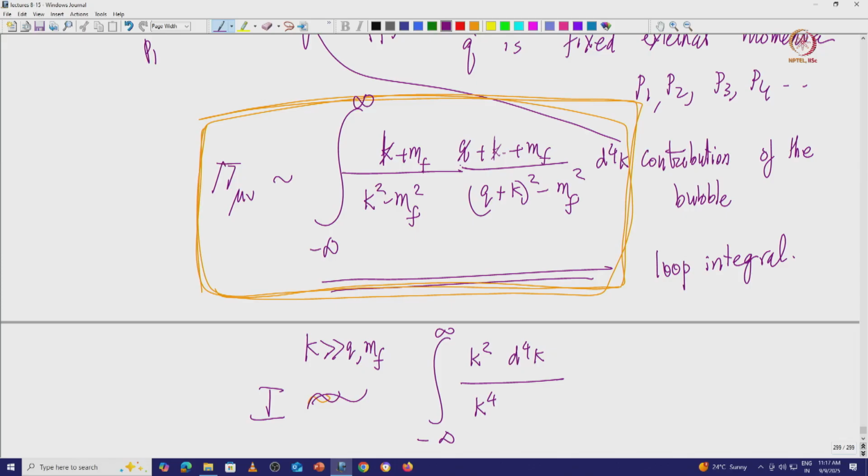Now d power 4 k you can write in terms of higher dimensional spherical polar coordinates. So d power 4 k will be k power 4 times some angular factors.